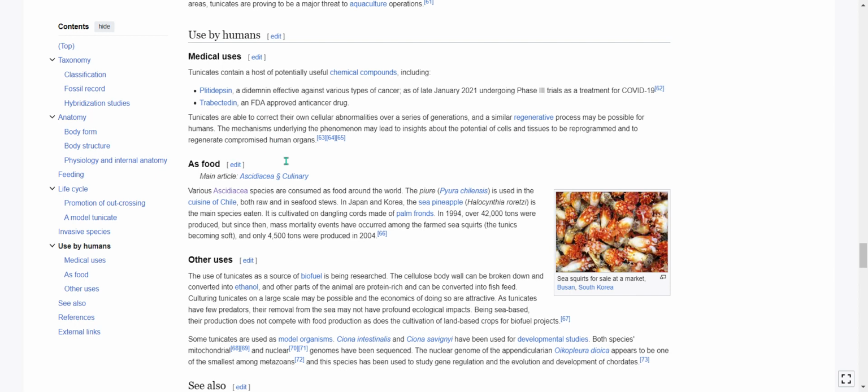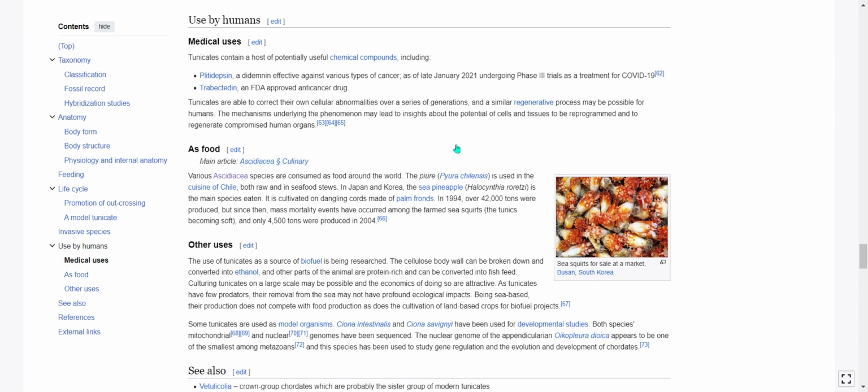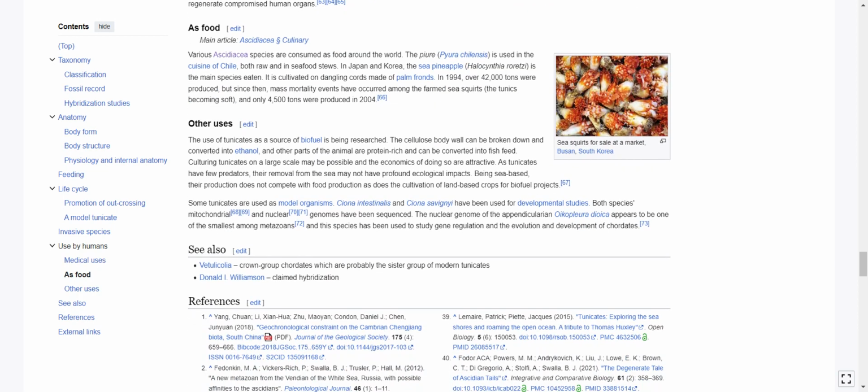Tunicates are able to correct their own cellular abnormalities over a series of generations, and a similar regenerative process may be possible for humans. The mechanisms underlying the phenomenon may lead to insights about the potential of cells and tissues to be reprogrammed and to regenerate compromised human organisms.